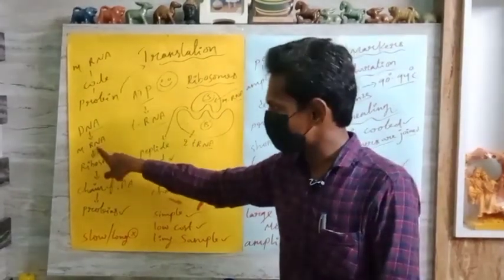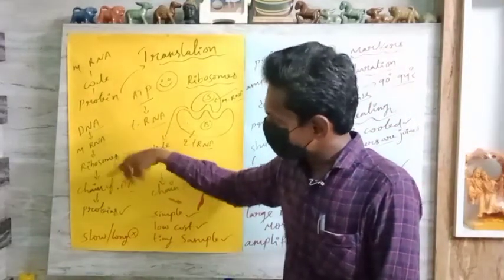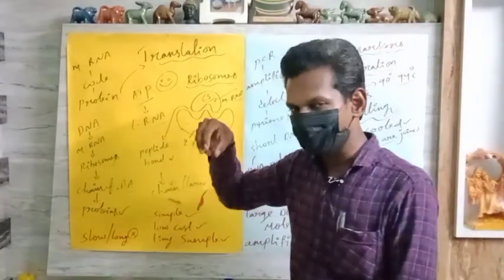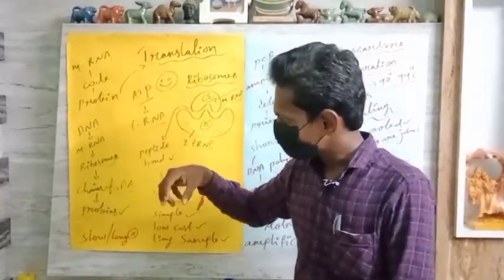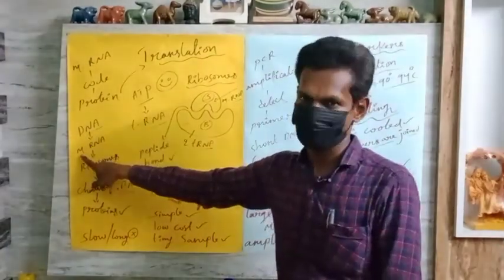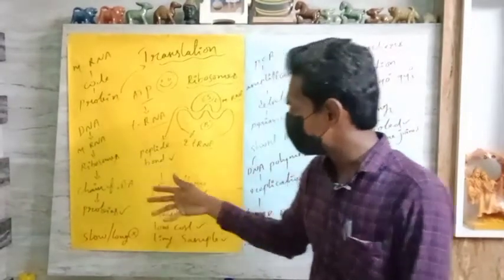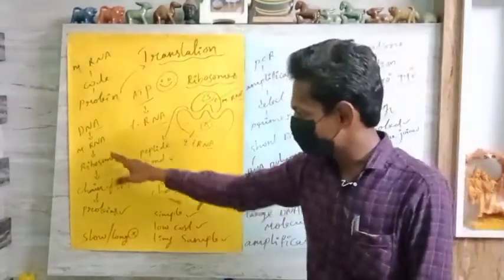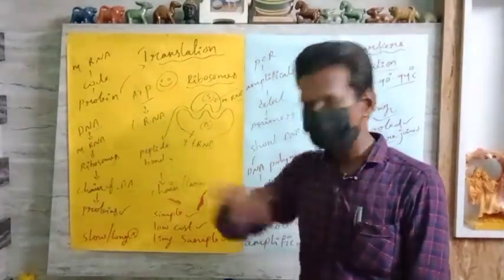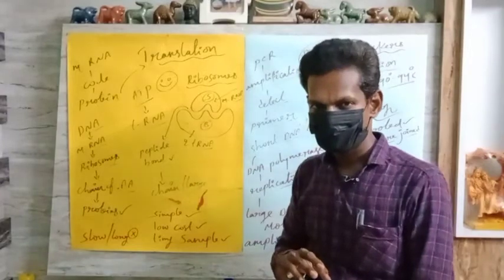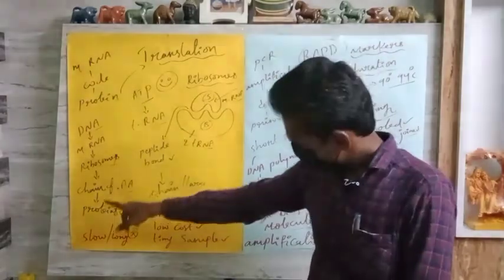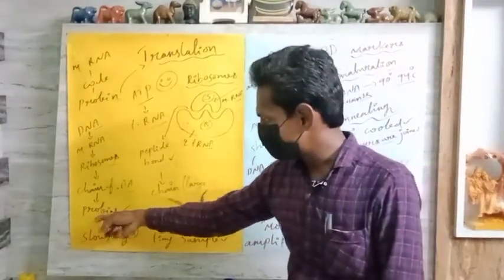In this messenger RNA, the message or coding of what type of protein should be synthesized is implemented, which is why it is known as messenger RNA. Later, with the help of ribosomes, it synthesizes a linear sequence of amino acids, and this chain of amino acids together is called protein.